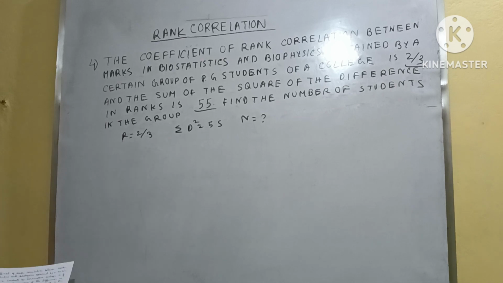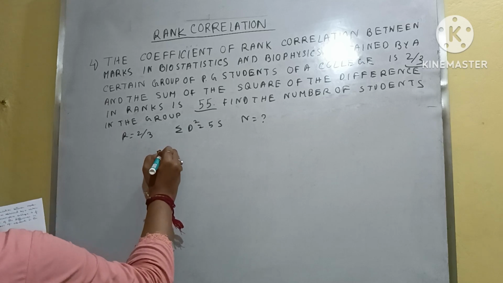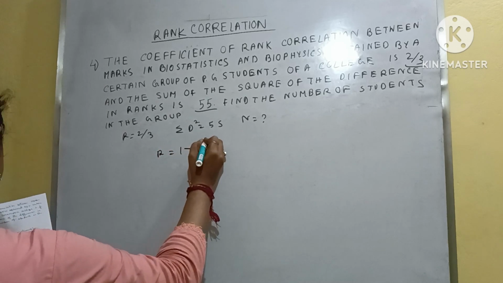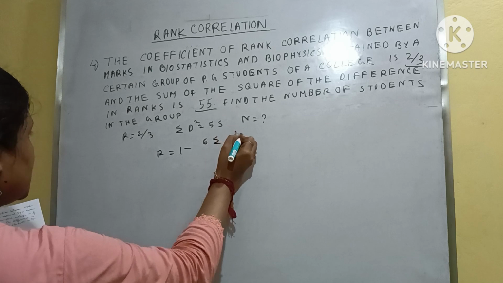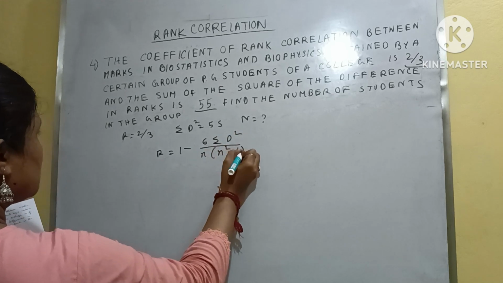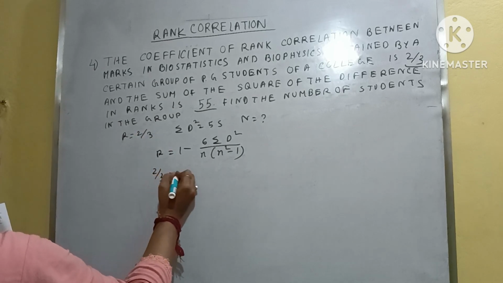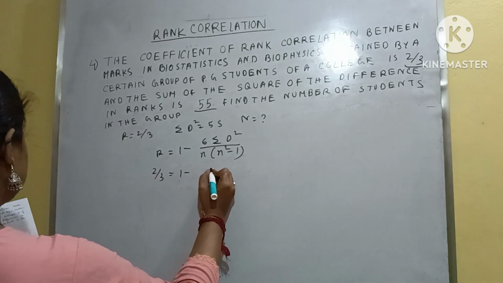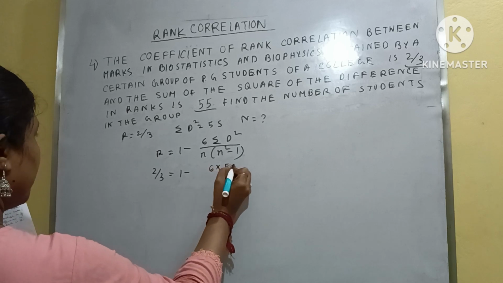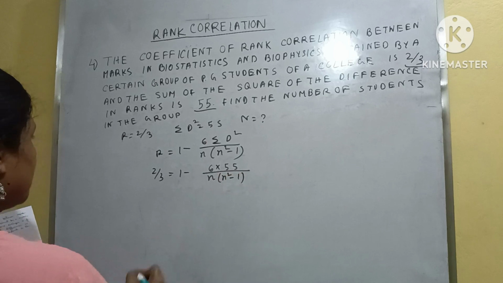First we have to write the formula: R equals 1 minus 6 summation of D square by N into N square minus 1.